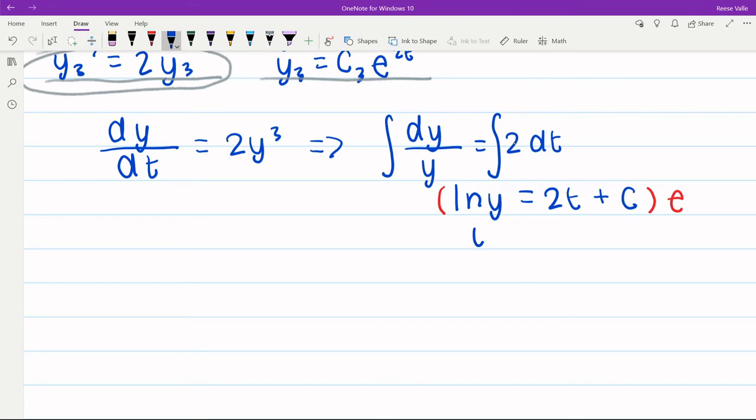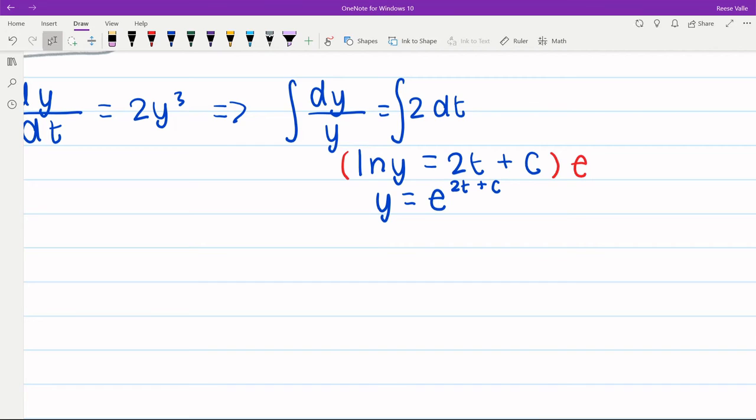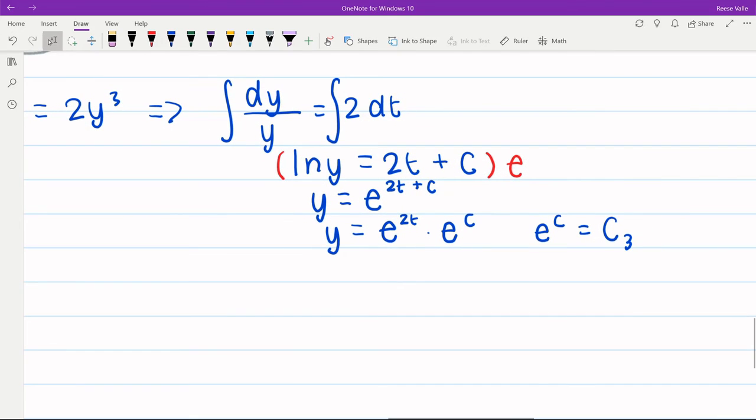Then you're just going to exponentiate both sides. So it's going to turn into y equals e to the 2t plus c, and then you're going to use properties of exponential functions: e to the 2t times e to the c, and e to the c we're going to say is equal to c3.